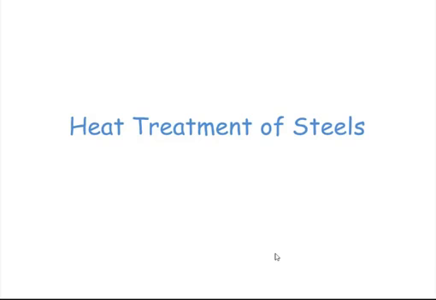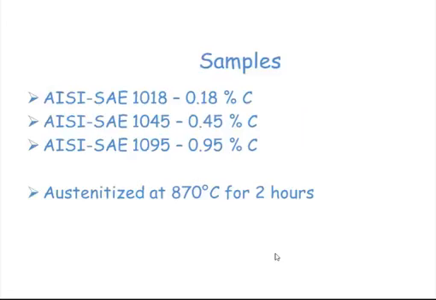But let us start the discussion by using a simple understanding. Let us assume that we have AISI, meaning American Iron and Steel Institute, and SAE, meaning Society of Automobile Engineers. These are the designations which are widely used to designate steel samples. 1018 is one of the AISI grades.